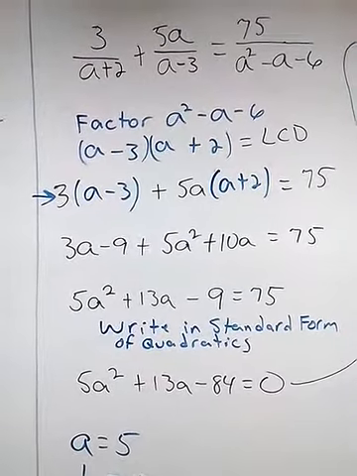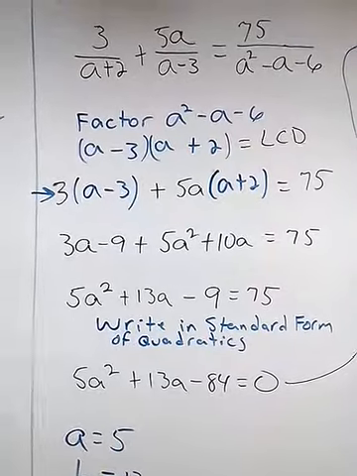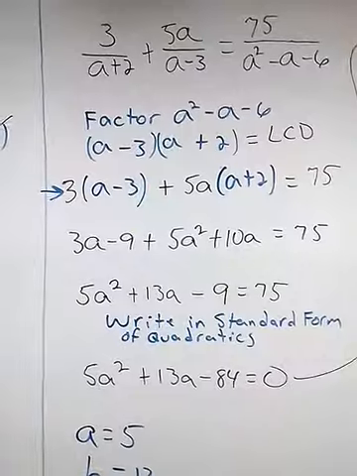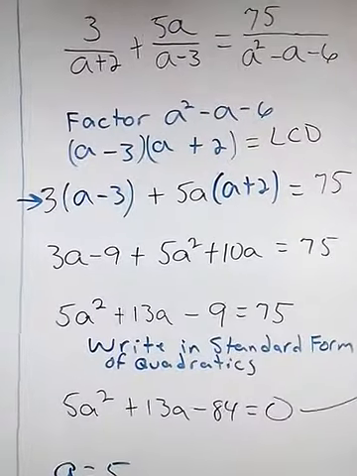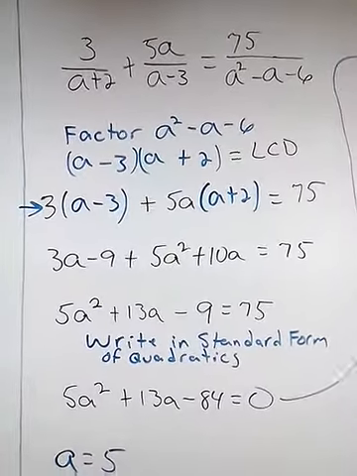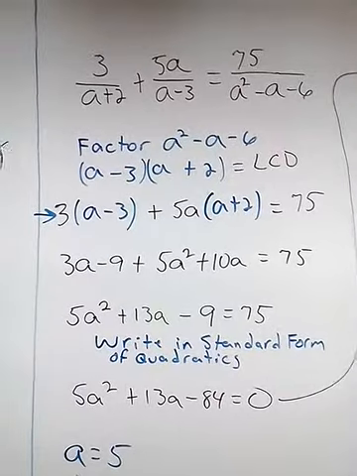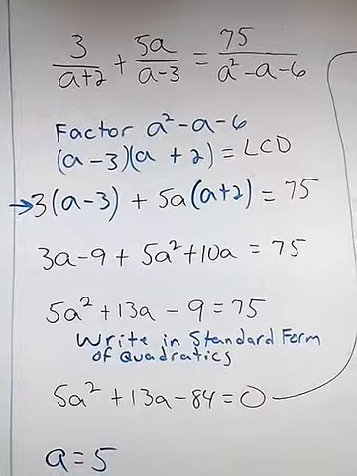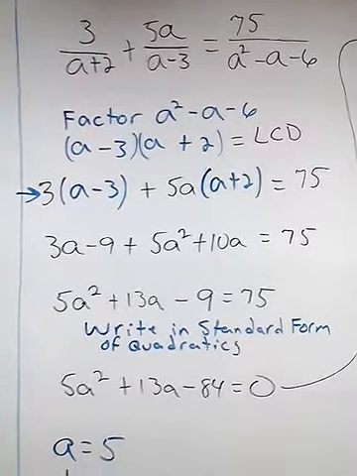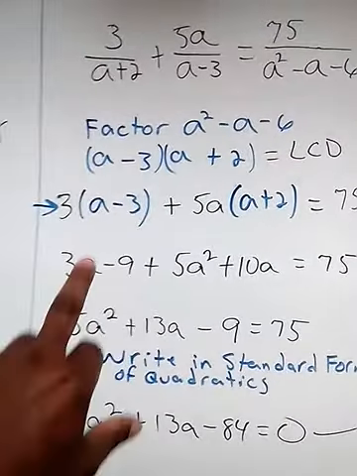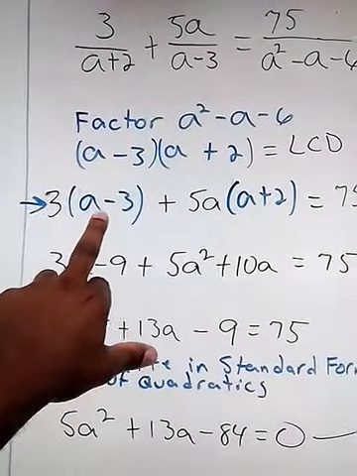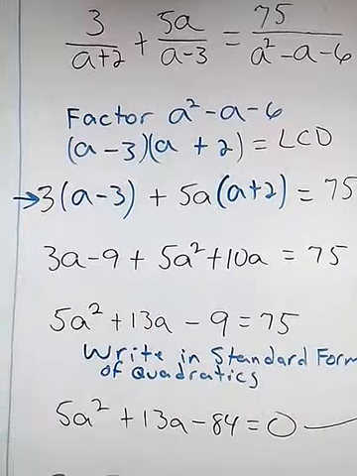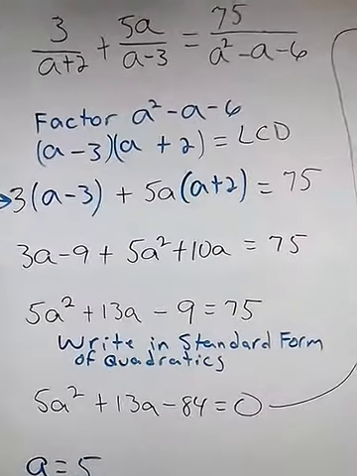We could either multiply the LCD by each one of the terms and then cancel like we did earlier, or what we can do is multiply each one of the terms by whatever is missing in the denominator from the LCD. So for example, in our first term, we have a minus 3, which was the missing part in our LCD. So that way the a plus 2 canceled itself out.